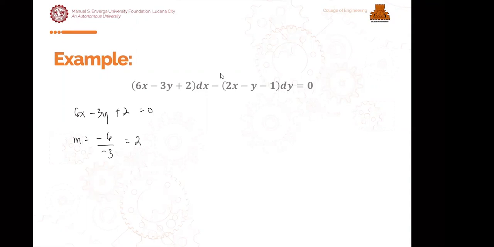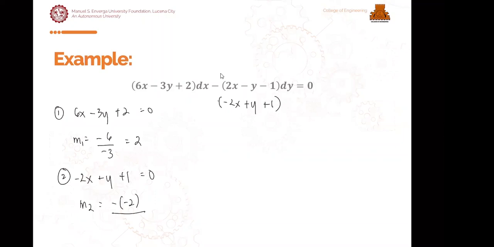And then sa second equation natin, we have 2x minus y minus 1 is equals to 0. Or pwede yung ginawa ko kanina, maging negative 2x plus y plus 1. Okay? So gawin natin negative plus plus. So m2 will be negative ng a over b. So it will be 2.